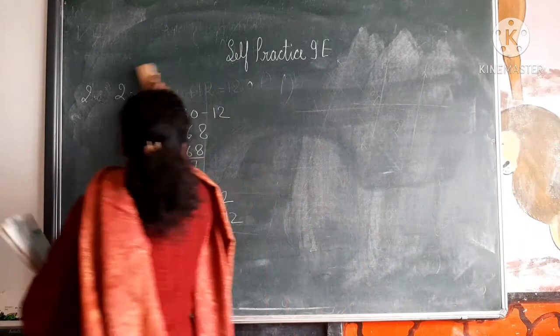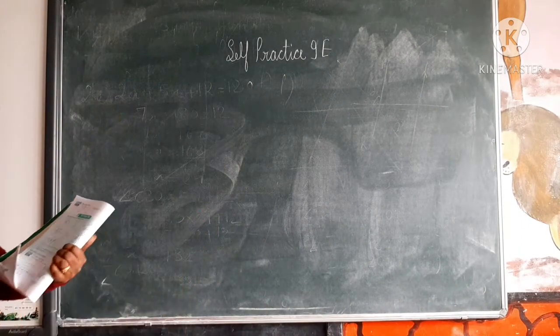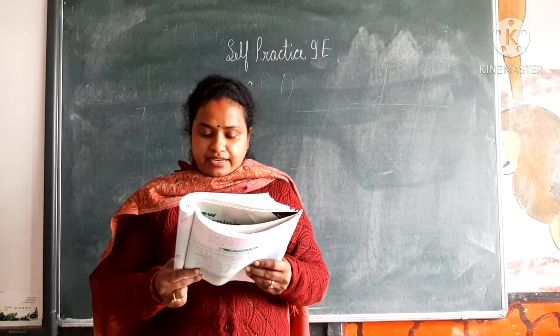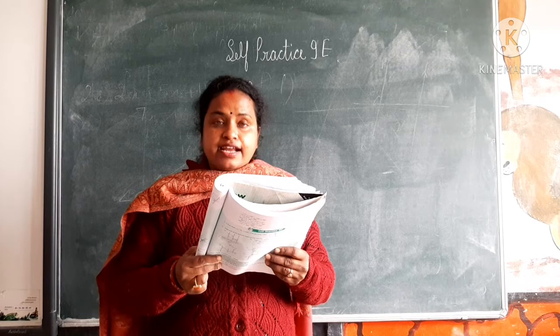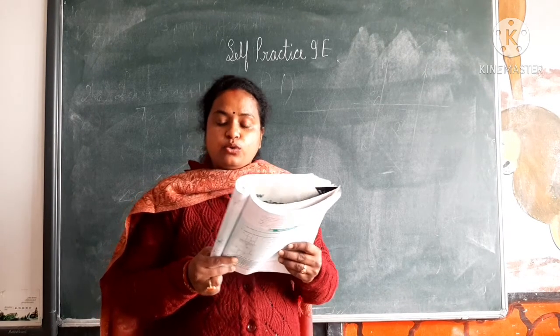Now see question number 3. Two lines M and N are parallel. Find x and y in the diagram. What you have to find? X and y.